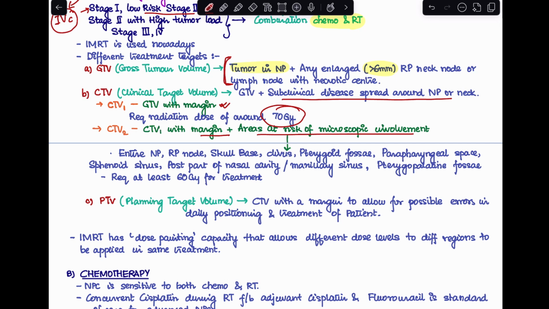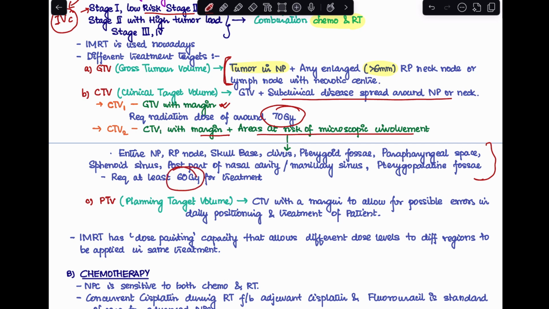These areas can be the entire nasopharynx, retropharyngeal node, skull base, clivus, pterygoid fossa, parapharyngeal space, sphenoid sinus, posterior part of the nasal cavity or the maxillary sinus, and pterygopalatine fossa. These are all the areas which are at risk of microscopic involvement. So these areas are also involved in CTV2. In CTV2, at least 60 gray is given as a treatment.